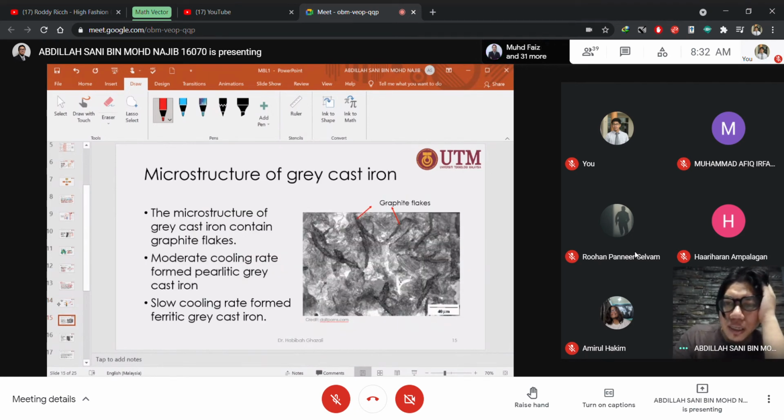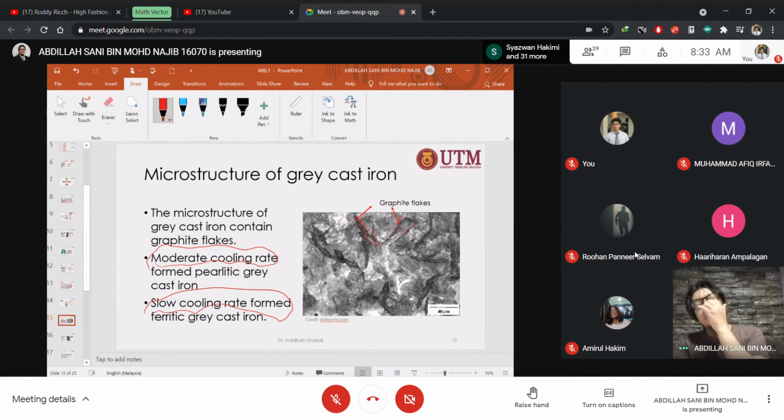So this is how it looks like. These are the flakes that we were talking about, the graphite flakes. And compared to the white cast iron, it occurs at a moderate or slow cooling rate, meaning that relatively, the solidification occurs slower.